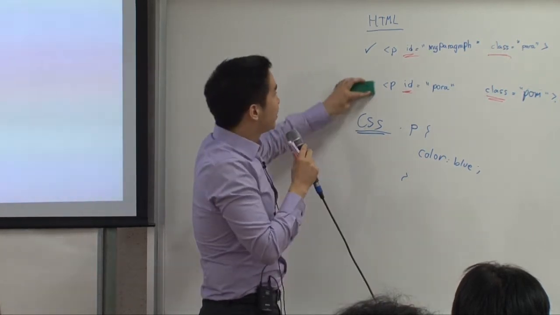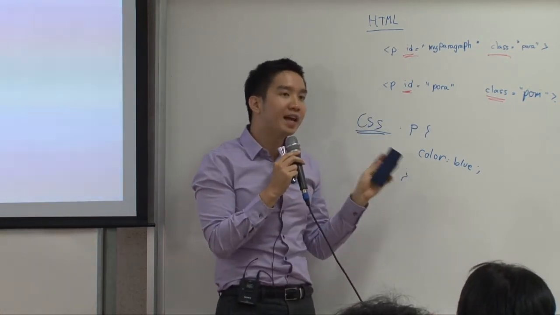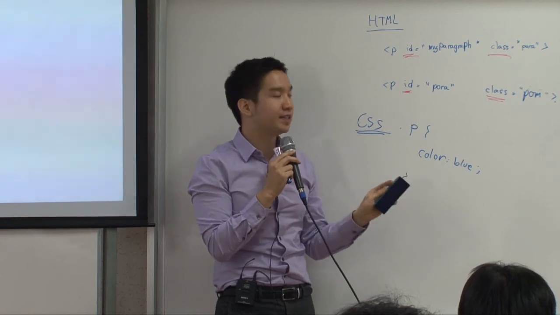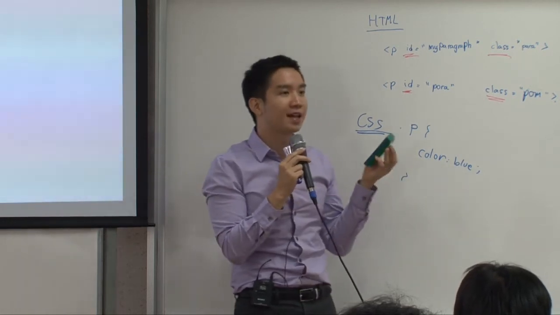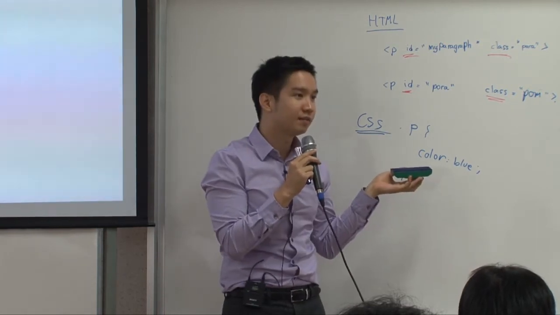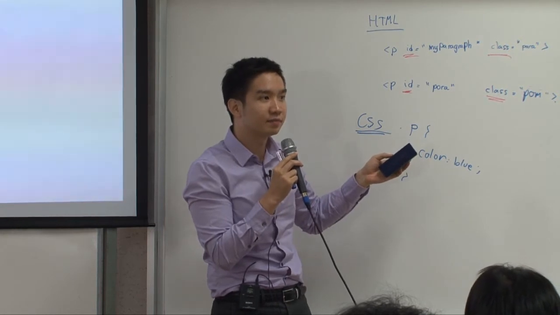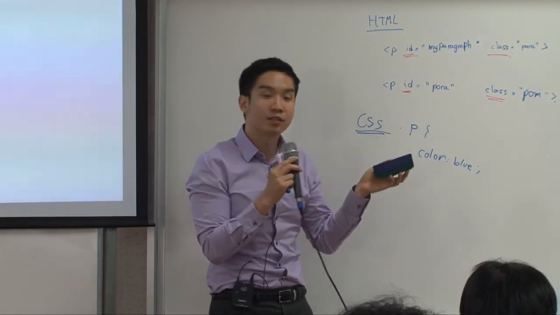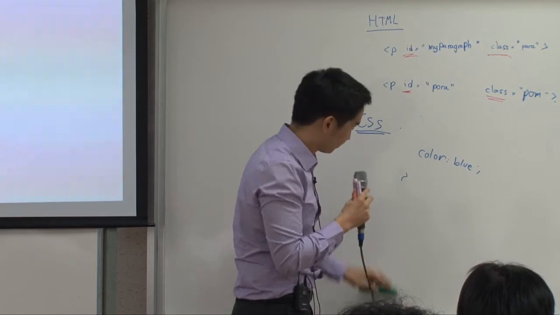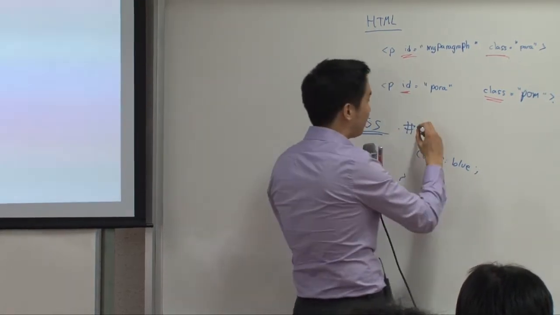Now, what if I were to tell you that I want to apply this color blue to only elements that have the ID of my paragraph? How would I change the CSS selector? Hash, right? Hash of my paragraph.